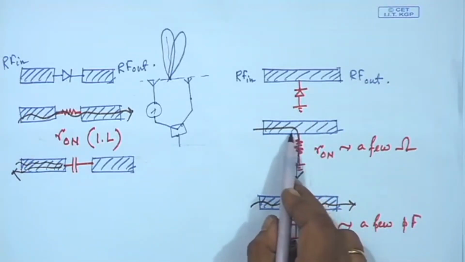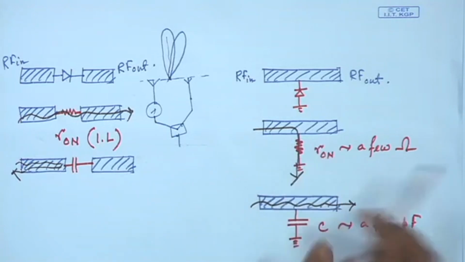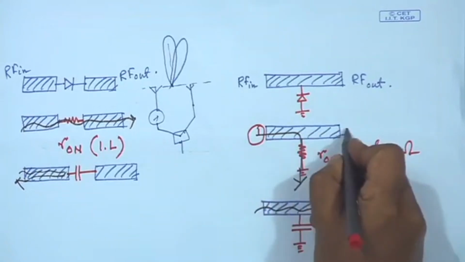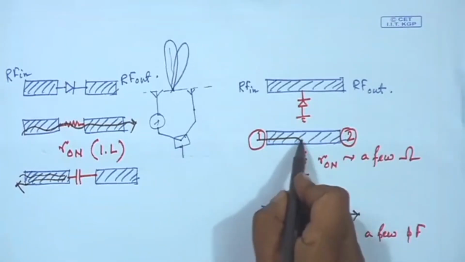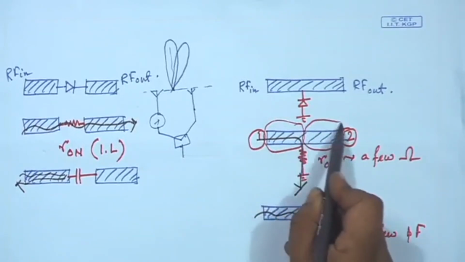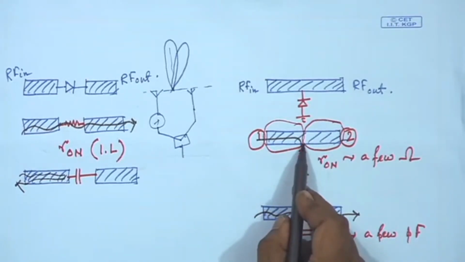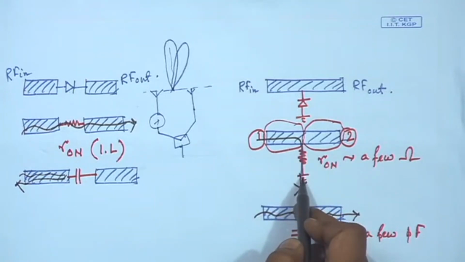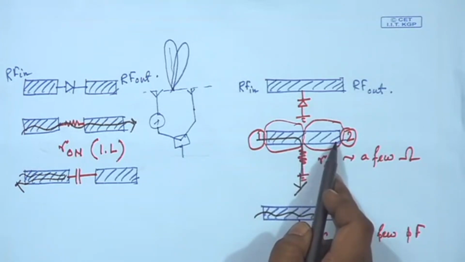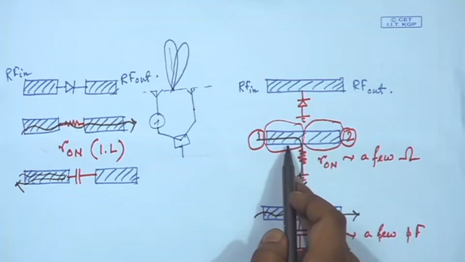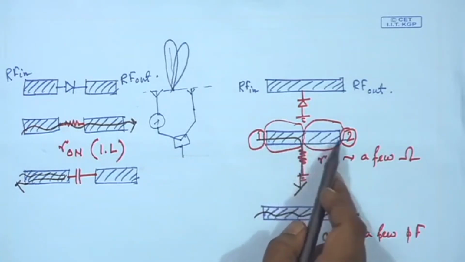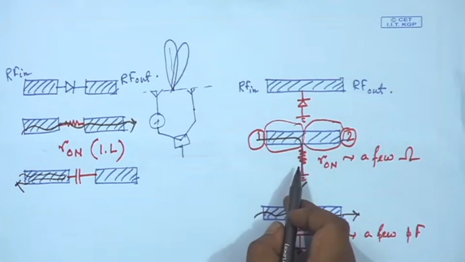we can consider it as a 2-port device, where we have port 1 here, port 2 here, and this is a section of transmission line, this is another section of transmission line, and in between we have a resistor connected to ground. So, simply by multiplication of ABCD matrices and then converting it to S parameters, we can calculate what is the S11 and S21 of this arrangement.